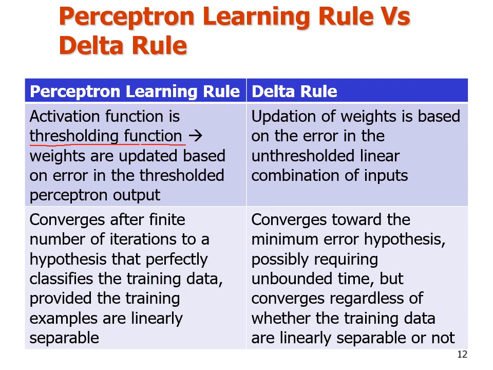We have some threshold and we compare the output with that threshold, and depending on whether it is greater or less than the threshold, we assign the class to the sample. In the perceptron learning rule, the weights are updated based on the error in the thresholded perceptron output, whereas in the delta rule, the updating of weights is based on the error in the unthresholded linear combination of inputs.